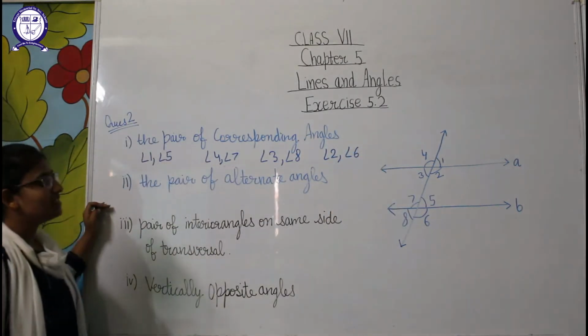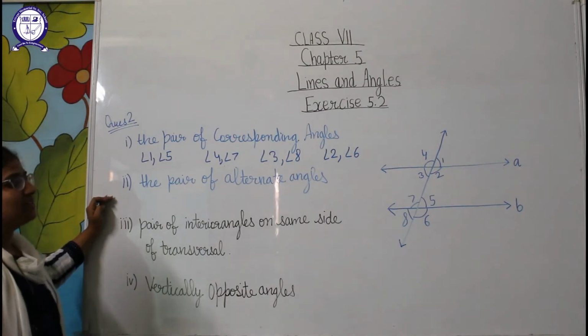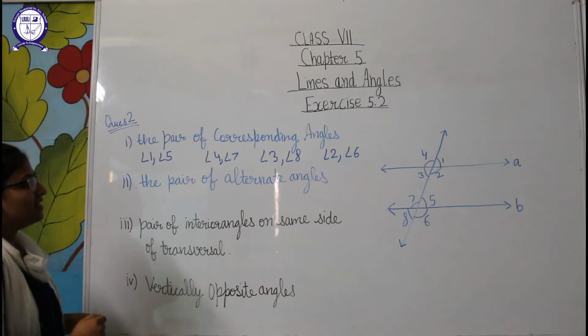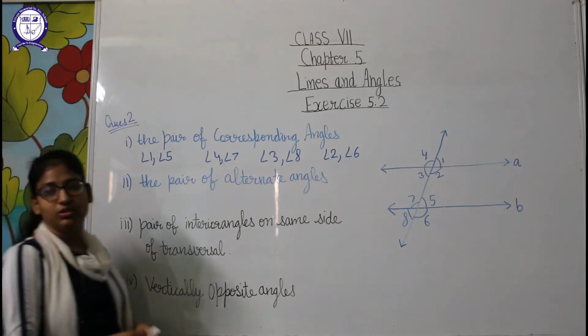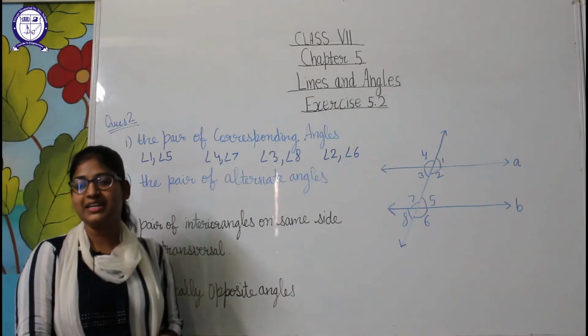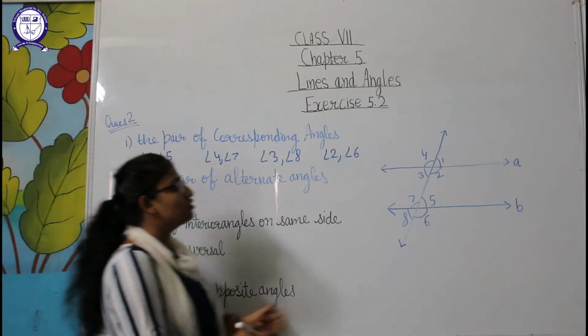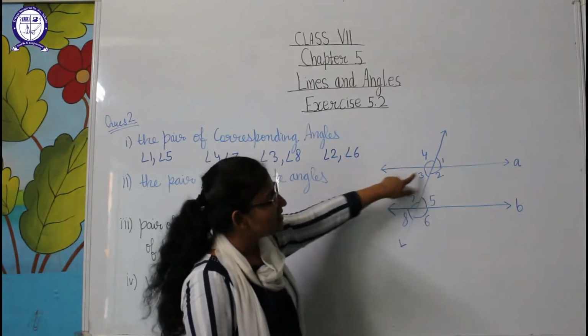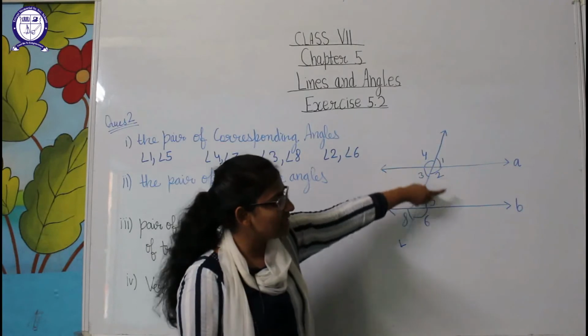Now next part is the pair of alternate angles. What are alternate angles here? In this we have to tell about both types of alternate angles, means the interior and exterior also. Okay, so first of all we will talk about interior. These four are interior angles here.